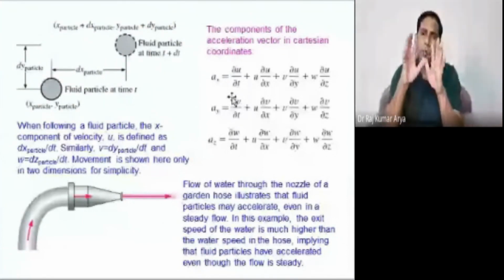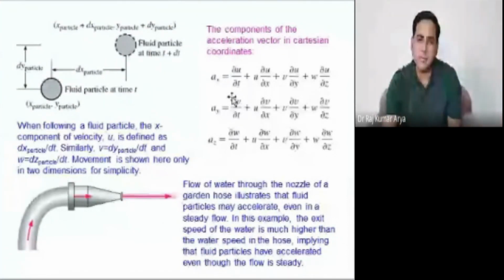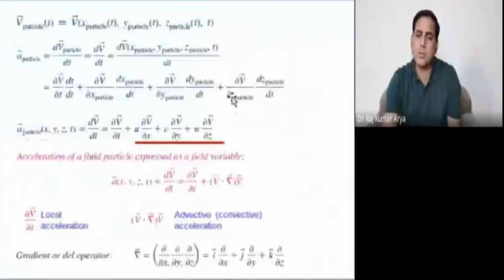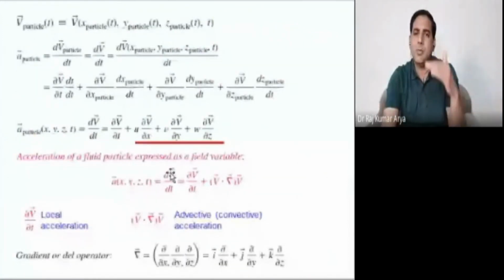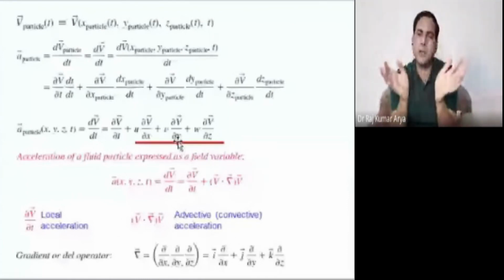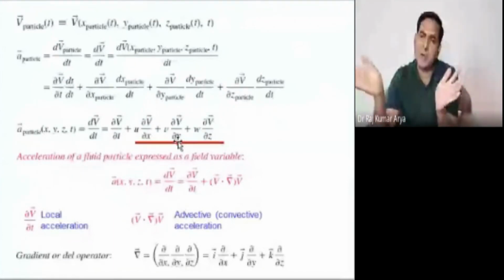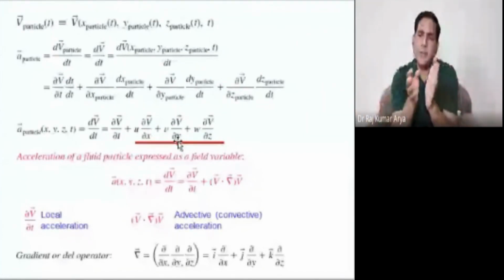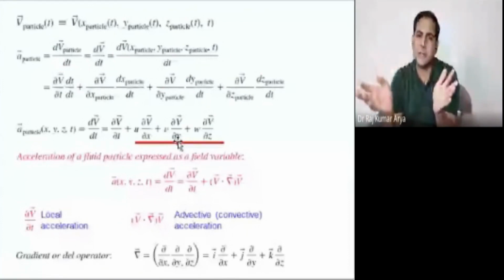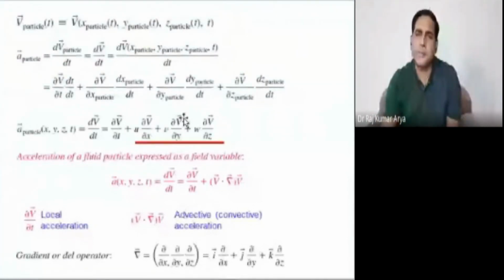This is called total acceleration here. So you club all the components which go into i cap, j cap and k cap. You can segregate this line into 3 parameters. Yes or no?